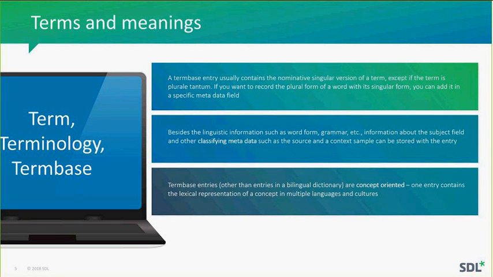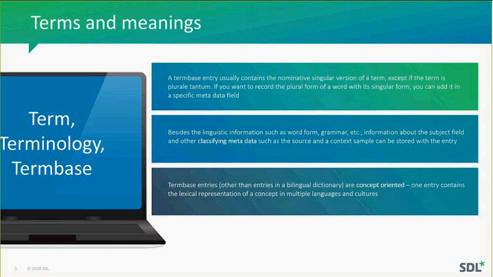Besides the pure linguistic information, such as a word form, grammar, or information about a subject field, a term base can also contain classifying metadata, so something that you want to store together with a term or a term and its target term, so that you can remember in 2 years, for example, in which context the term is used.